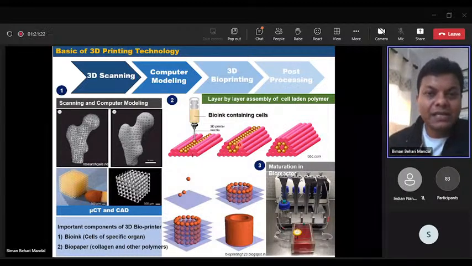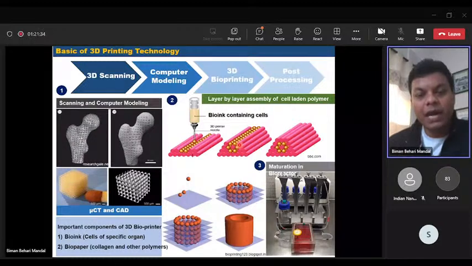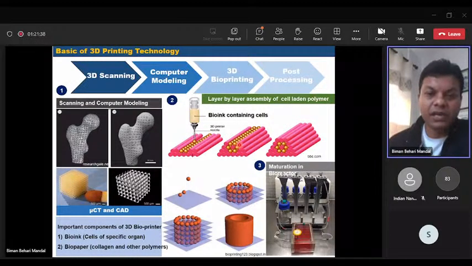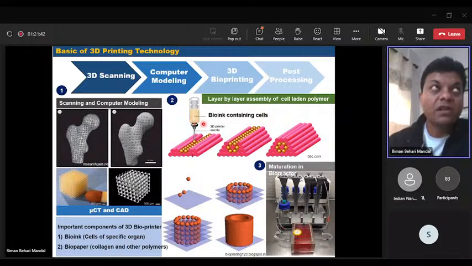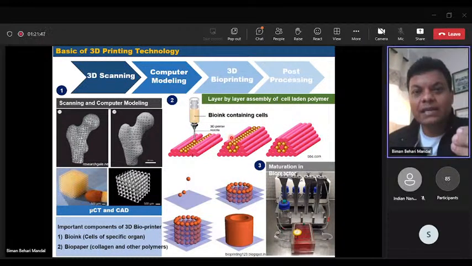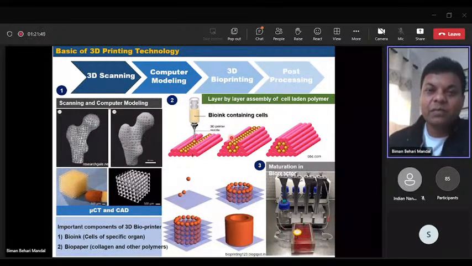But with living cells, the problem is they are very sensitive to temperature. They require a certain specific environment to grow, and they are sensitive to shear and many other forces. The cells would die. And we have to keep the cells sterile, and many other things have to be taken care of. That's why bioprinting has a very unique material, which is called the bio ink. So what is this bio ink? This ink is a gel which has a very unique property.